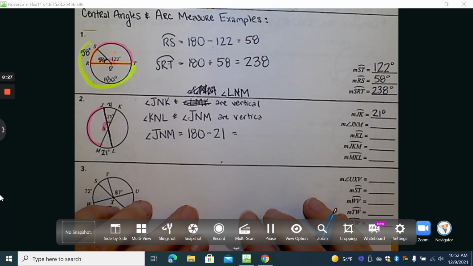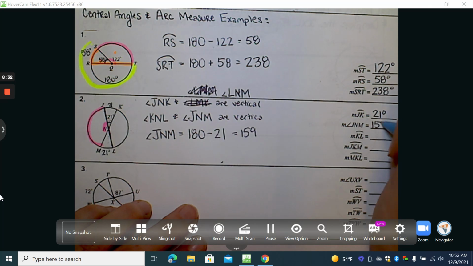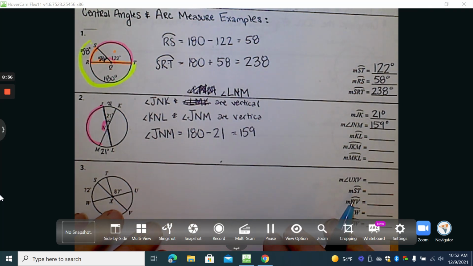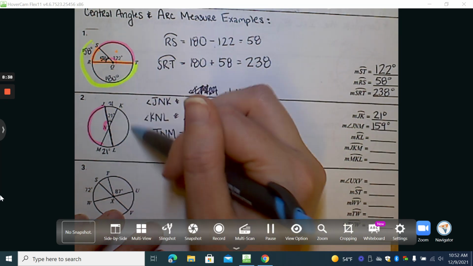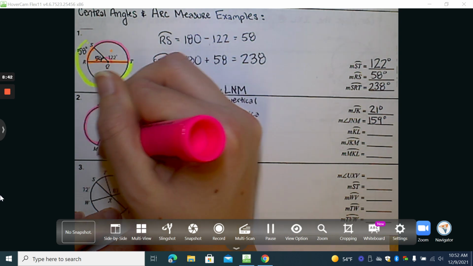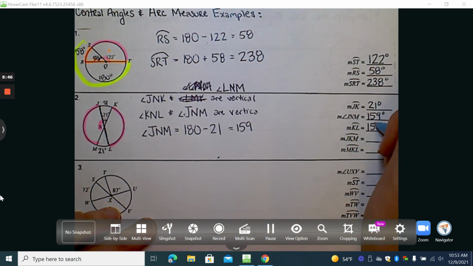And so I get an answer of 159 degrees. KL is right across from that. That's my vertical angle. It's going to be the same exact thing because it's my vertical angle. It's also 159 degrees.